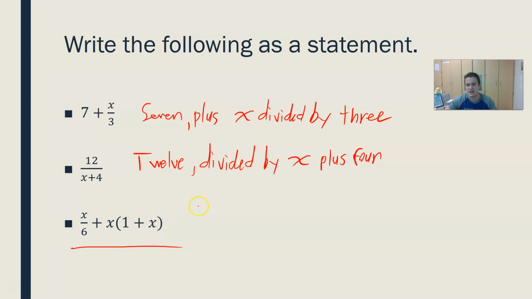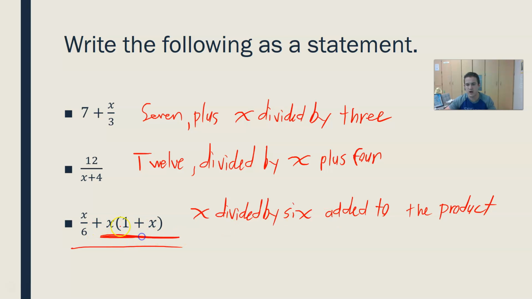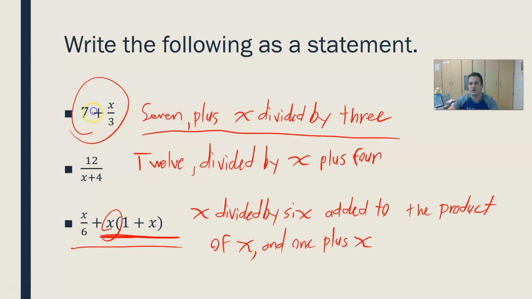So like this one right here, I could say x divided by 6 added to the product, because I'm multiplying over here, the product of x and 1 plus x. So basically what we're trying to do is describe in English words what each of these statements are. Okay? So that's the general idea.